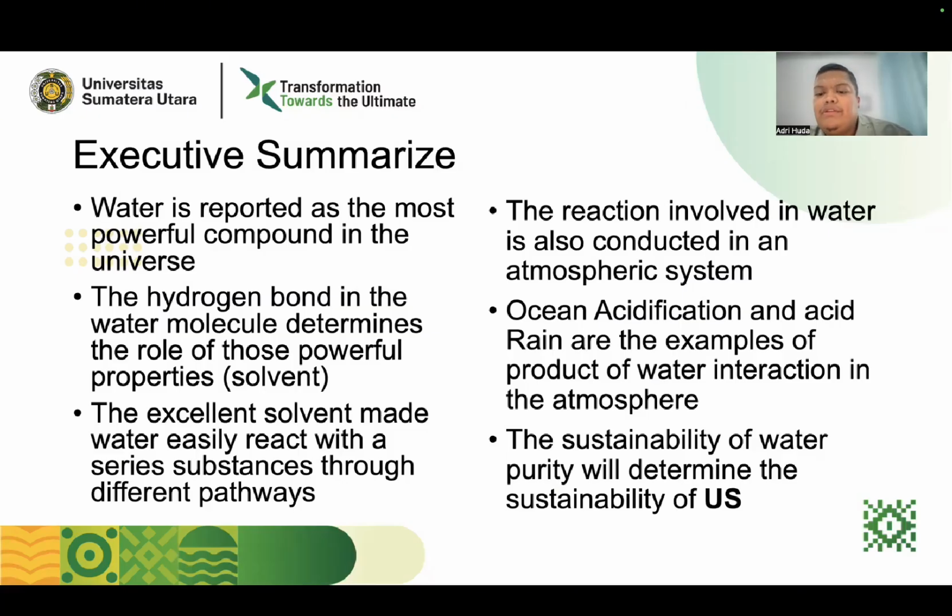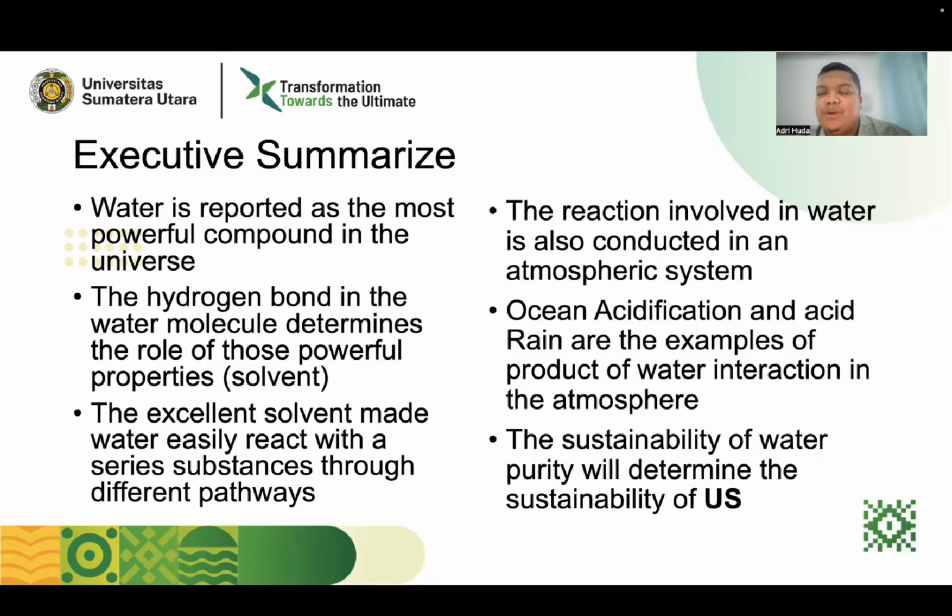The sustainability of water purity will determine our own sustainability, meaning that we have to think about how to make water sustain, how to maintain the purity of water. Because again, as we learned during this session and last session, the presence of water in the environment is highly threatened, not only in water itself, but also in the soil, and the atmospheric threat is really high to destroy the purity of water.